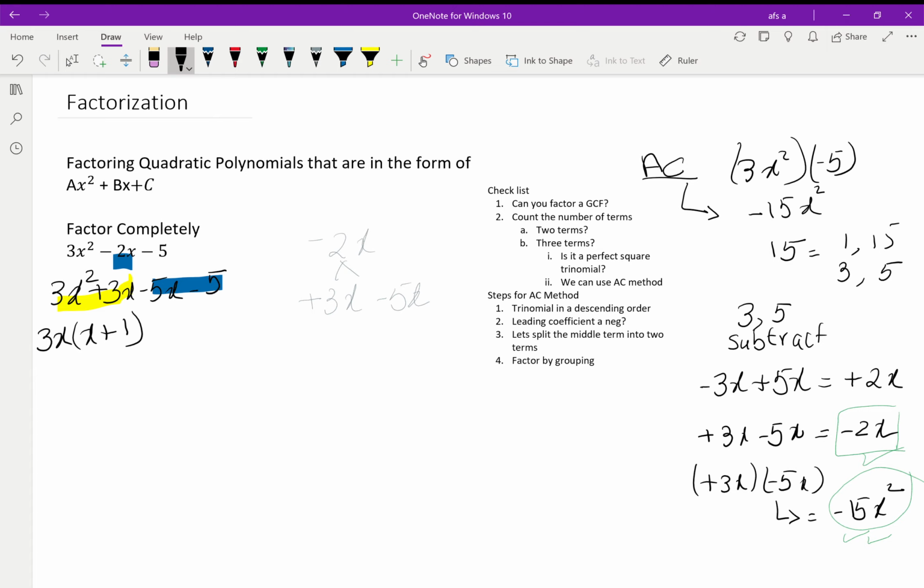Okay, now let's look at the second group, which is highlighted in blue. A common factor from the blue highlighted part is not just a 5, it's a negative 5. A key rule of thumb in these problems is to factor out the sign of the third term, and that just makes everything fall in the right spot.